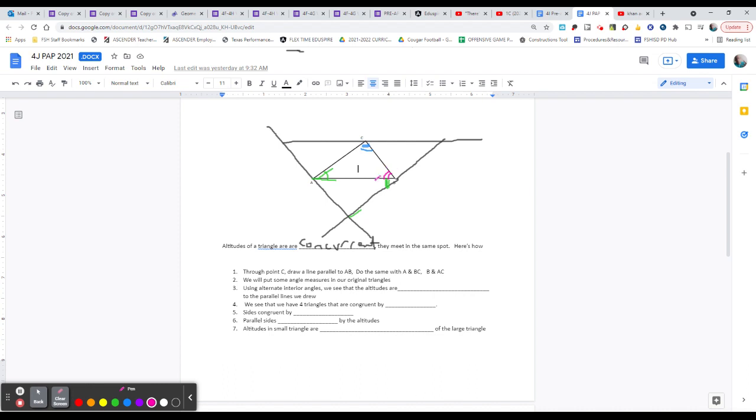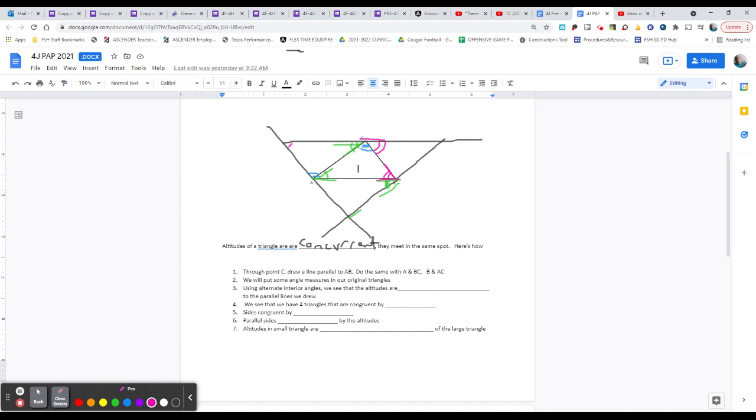With the pink angle, with this, and this, I could pull that pink angle right there. Now this green angle down here is corresponding to this green angle here. So this green angle here, I could pull here. This blue angle up here, I could pull down here.